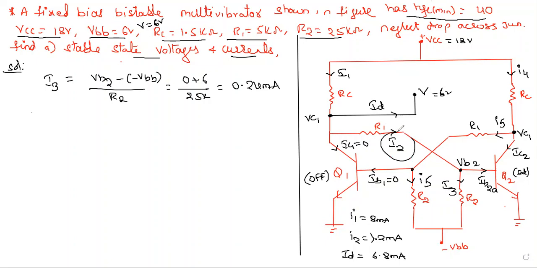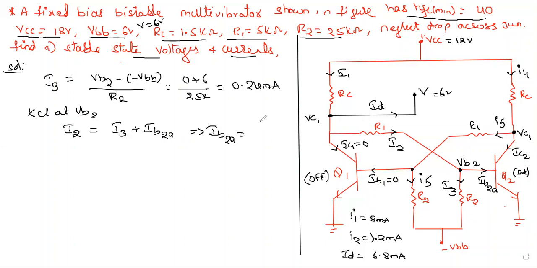Here I know the value of I2. So if I apply KCL at VB2, I will be able to calculate the actual current flowing into the base of the second transistor. Now KCL at VB2. So I2 is entering. I3 is leaving. IB2 actual is also leaving. So from this, IB2 actual is given by I2 minus I3.